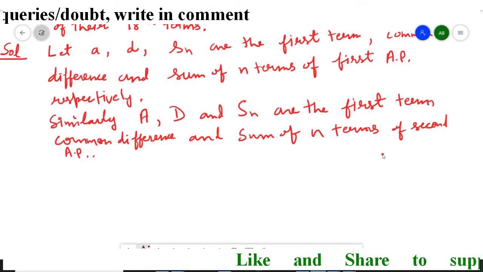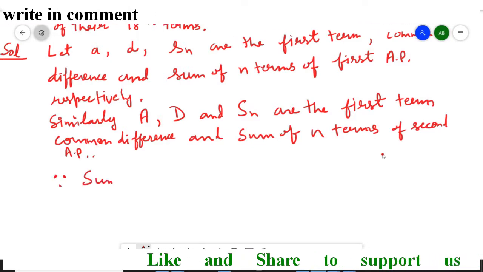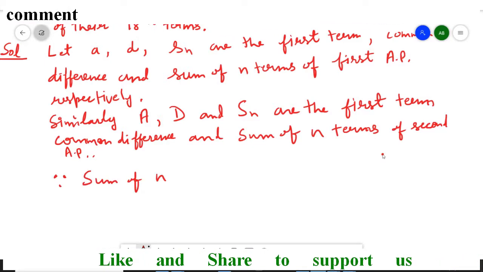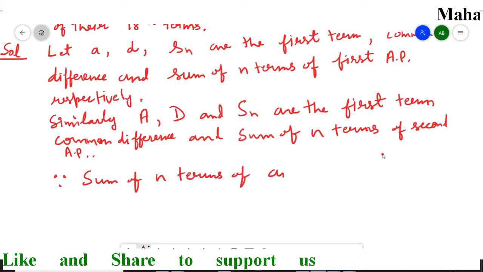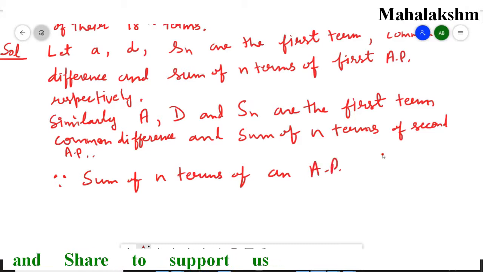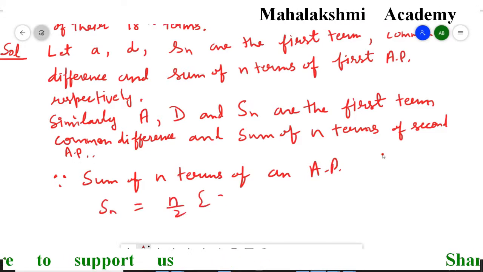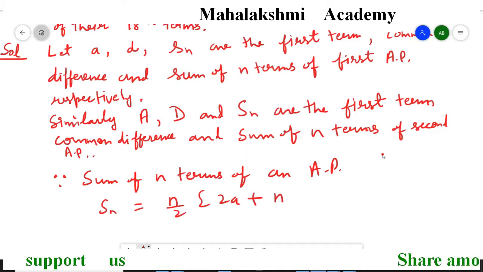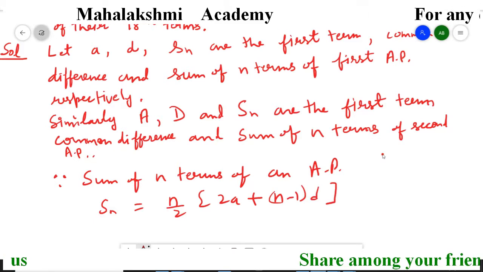So firstly I assumed whatever we require. Now we'll write down, since the sum of n terms of an AP, I am writing the general formula. The Sn formula is n upon 2 bracket 2a plus n minus 1 d. It's a general formula.